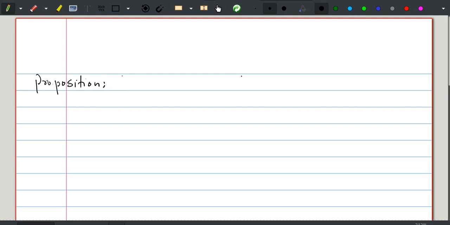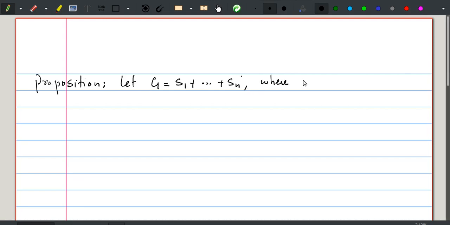We begin this lecture with the following proposition. Let G be equal to S1 plus so on plus Sn, where the Si are subgroups.